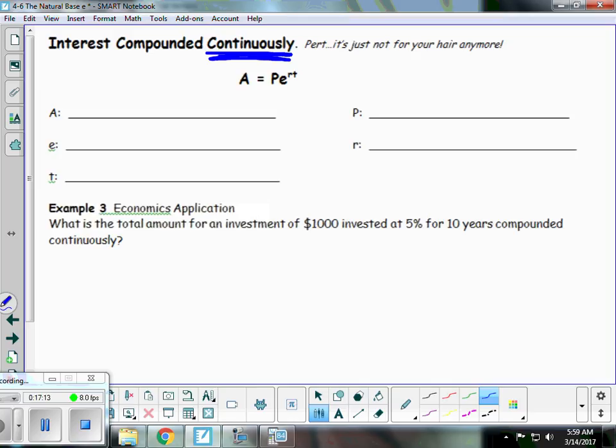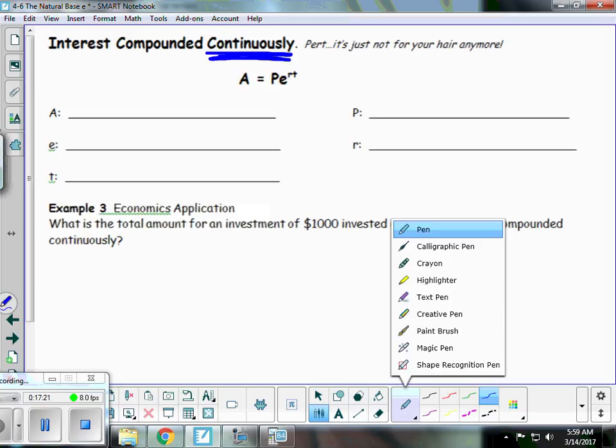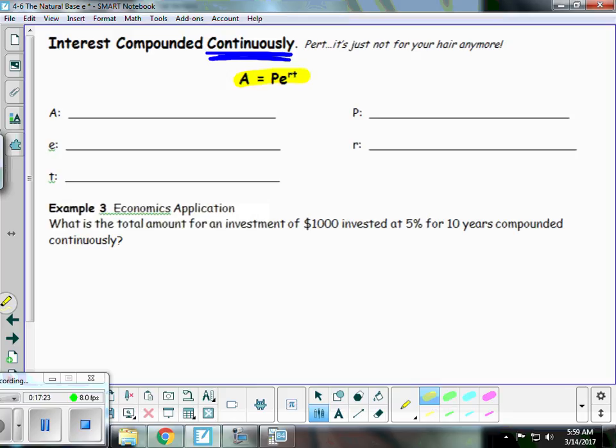And we have this formula that we call A equals PERT, because it looks like P times e to the RT, and it looks like the word PERT. If you know, Pert is like a shampoo, so it's Pert, not just for your hair anymore. That's the slogan we're going with. But remember, the RT on PERT must be raised as an exponent.